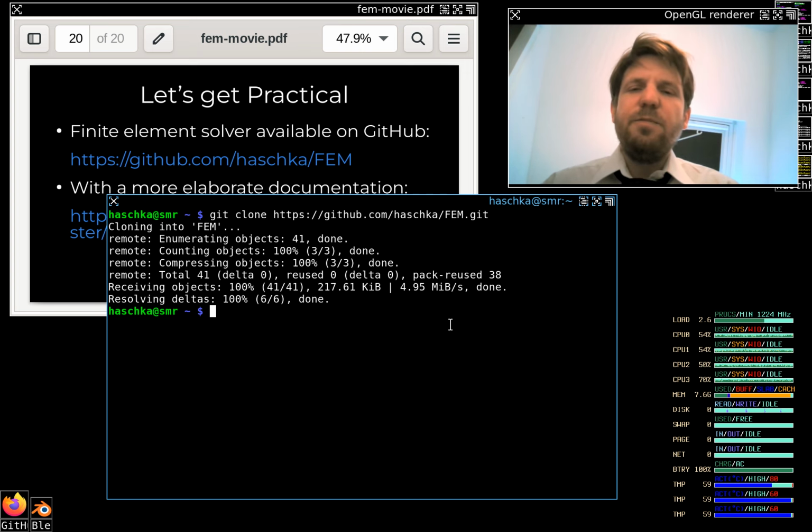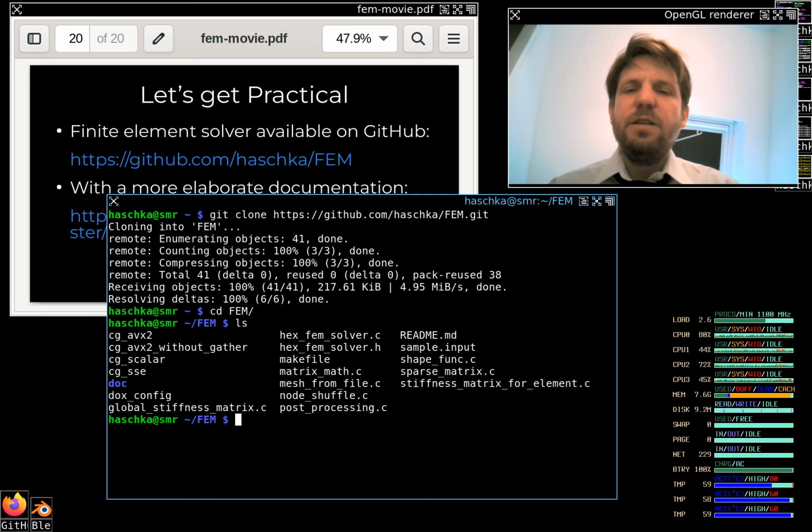Yeah. Okay, let's not go into details like this. Let's show off what this does. So you have this little directory here. You have some files in there, which is basically the program here.